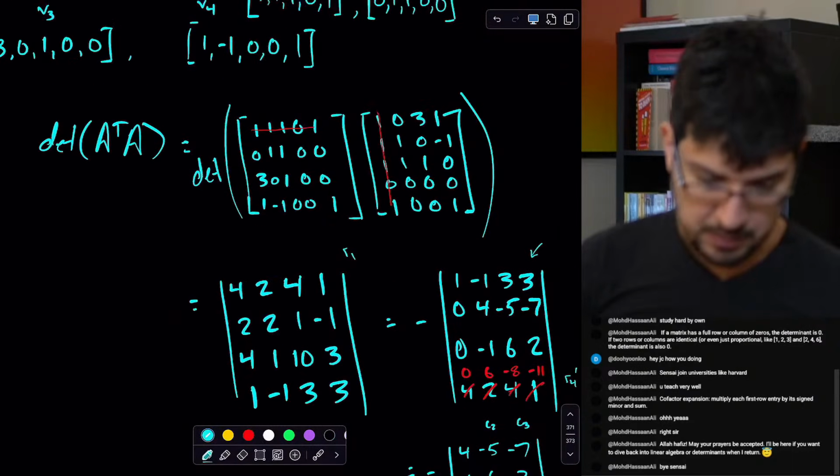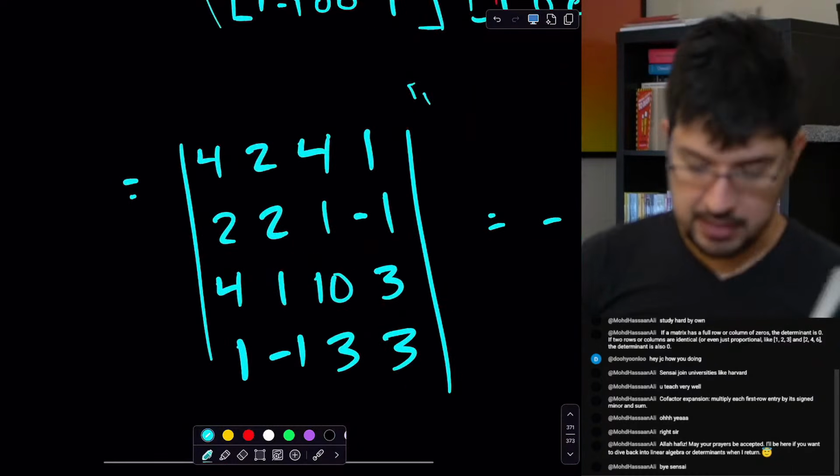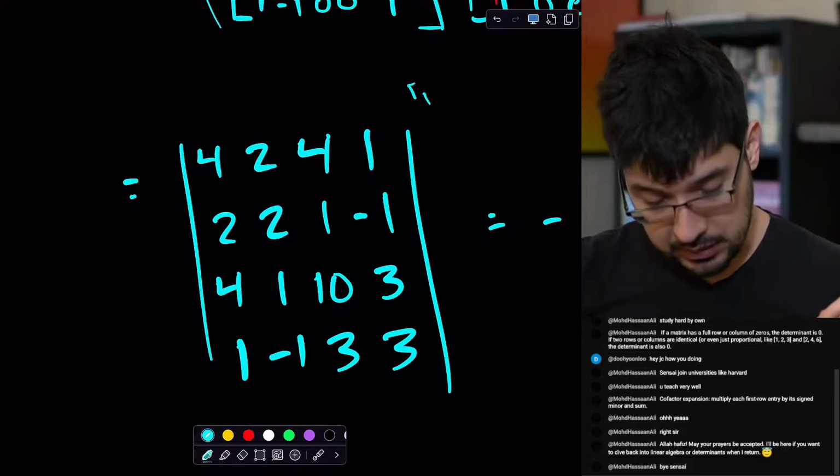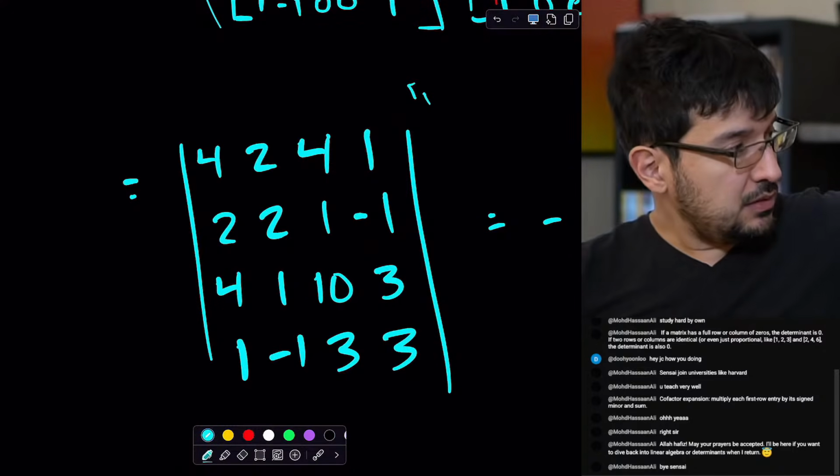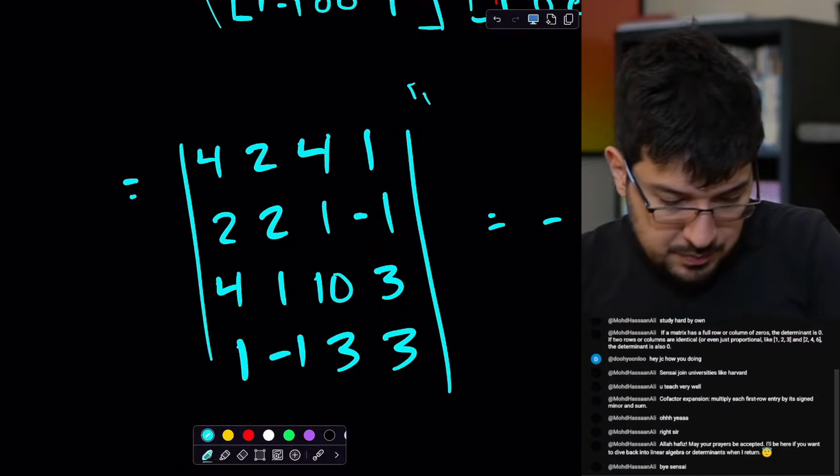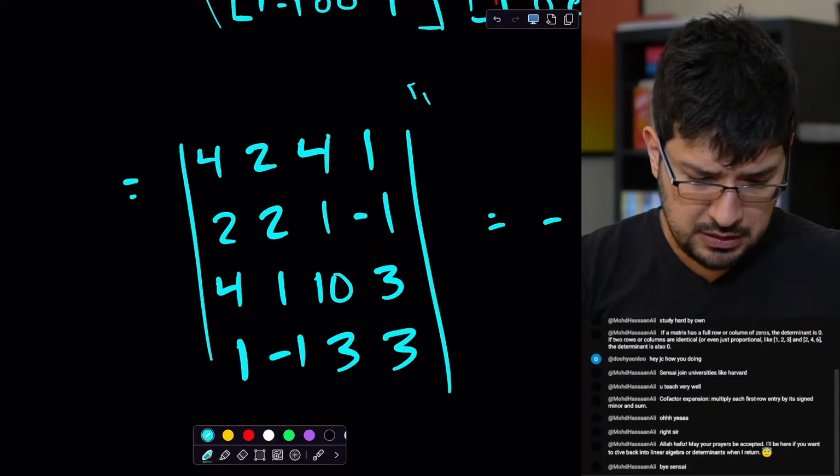What we could do is punch this thing into the matrix calculator, or ask ChatGPT, if we want to burn a lot of water.